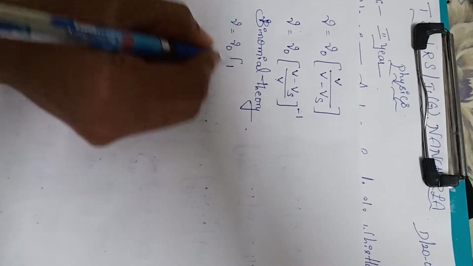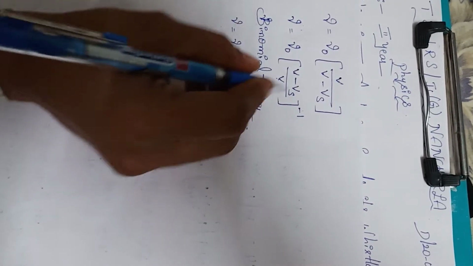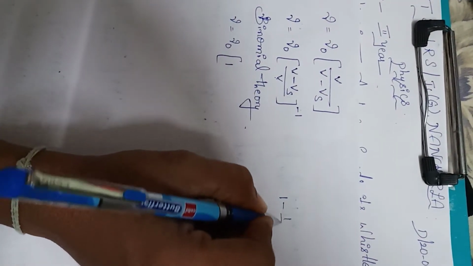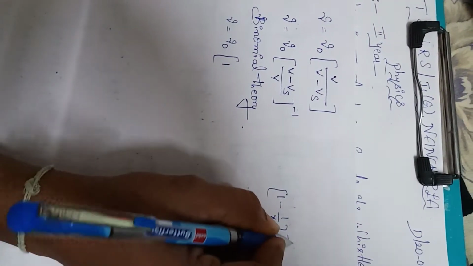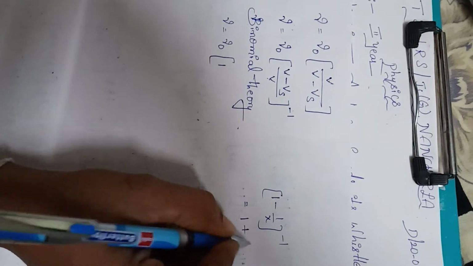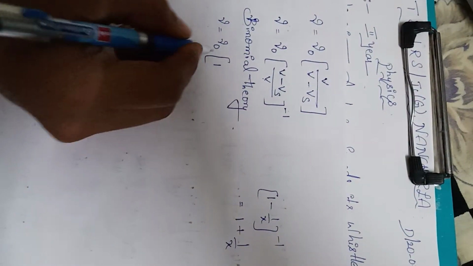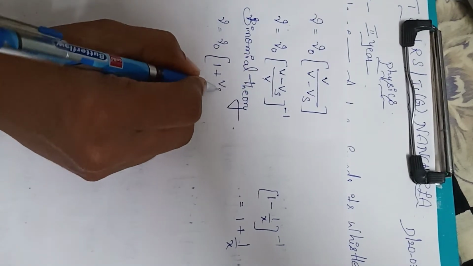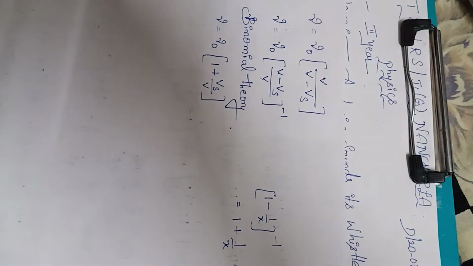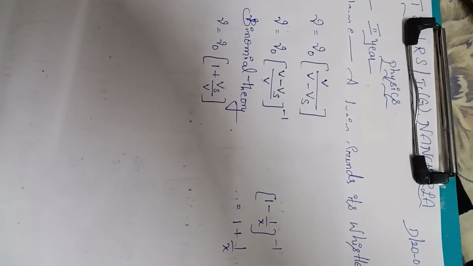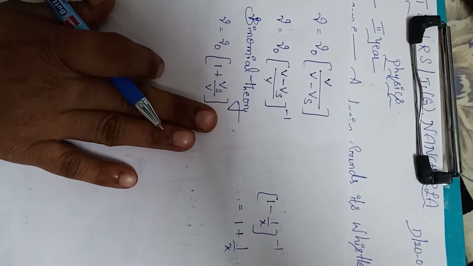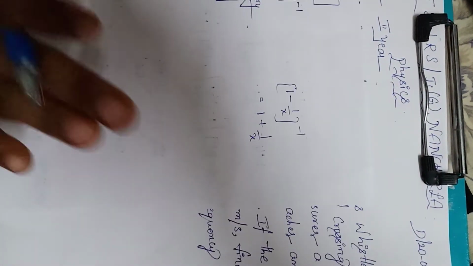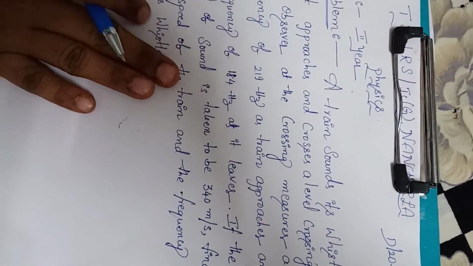In binomial theory, 1 minus 1 by x to the power of minus 1 equals 1 plus 1 by x. So here 1 by x means vs by v. So this is the equation, and depending on this equation we find some problems. This is one of the problems.